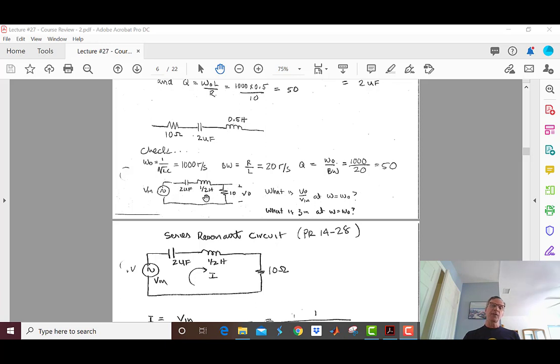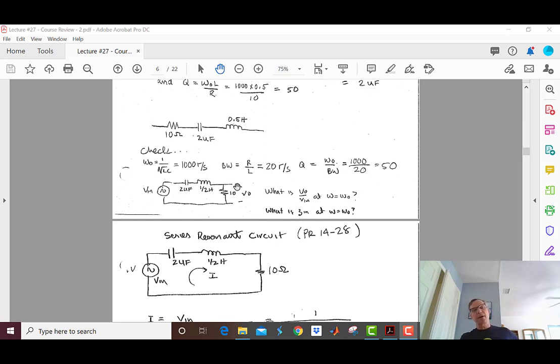I also want you to understand that maximum power transfer is really the same as resonant circuits. And when you do power factor correction in EE, whatever it is, that's a resonant circuit. When you do impedance matching of RF components in your graduate courses, that's just resonant circuits. That's why this is so important. So for the series resonant circuit, we knew that V out over V in is just going to be 1, and Z in is going to just be equal to the resistance.